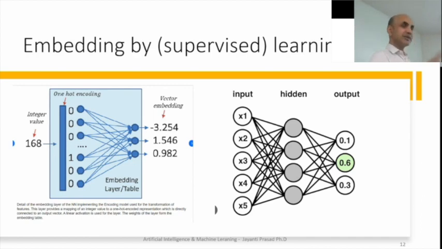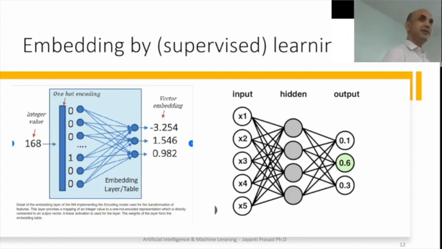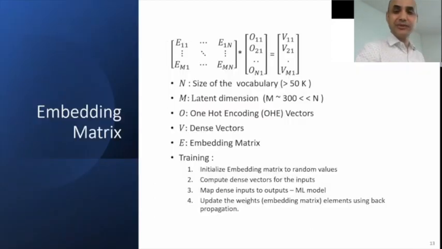So we train our machine learning model for classification or any other task we want. Once the model is trained, then we have the weights. So from the trained model, we just pick the weights of the embedding layer only. And once we know the weights of the embedding layer, then we have that matrix, the embedding matrix, and we can directly get one dense representation of words.